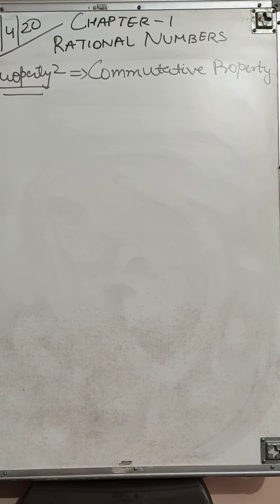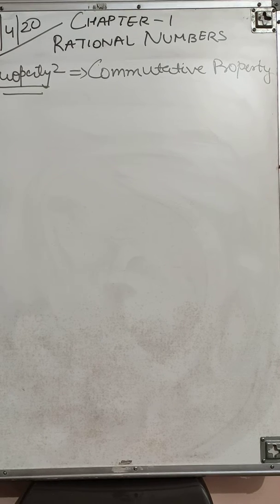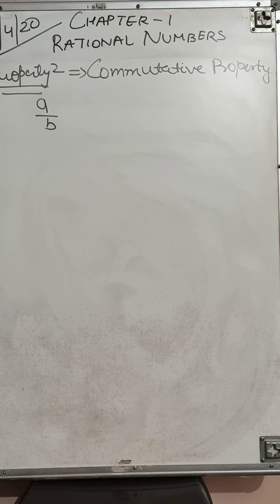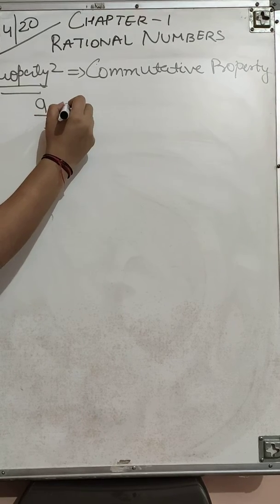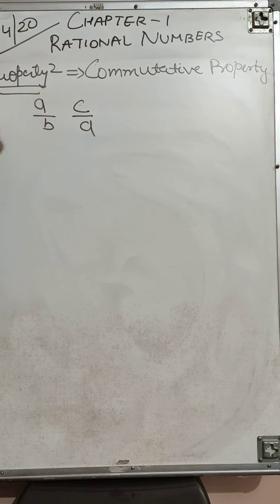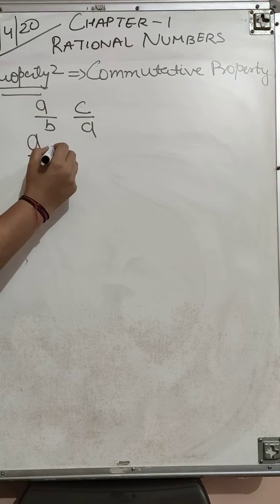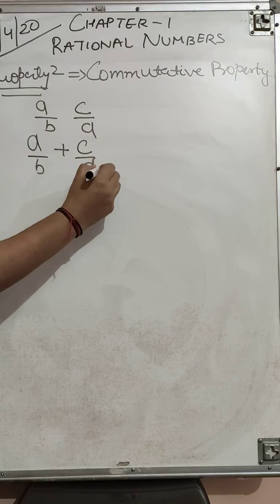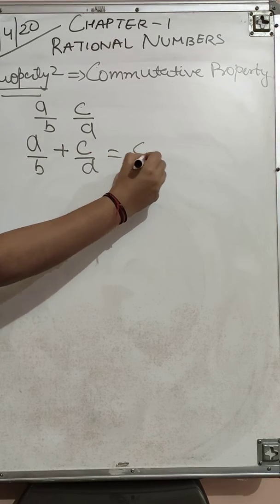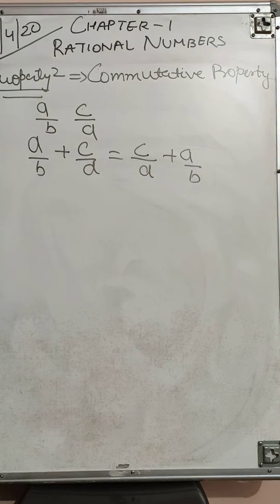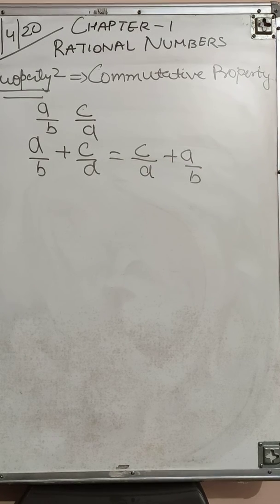And in rational numbers, what is the property? If I take A upon B as one rational number and second I take C upon D, then if we add them, A upon B plus C upon D will be equal to C upon D plus A upon B. This is known as our commutative property.